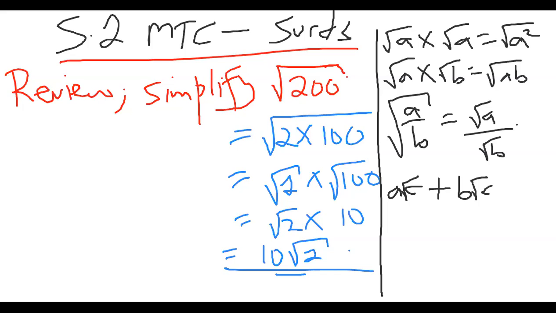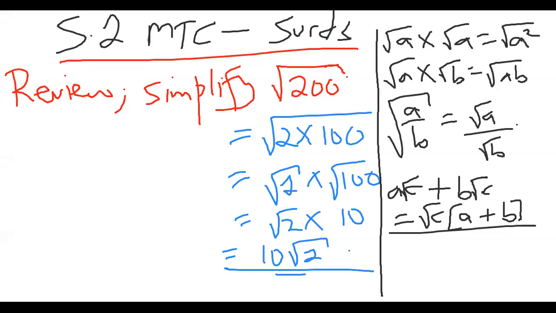For this one here, we say that just look at what is under the square root. It is a common term. In other words, we factorize it out. So this will give us square root of c into brackets a plus b, like that.